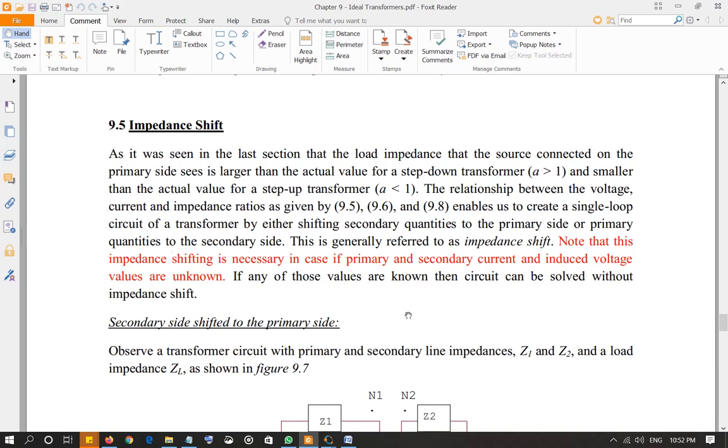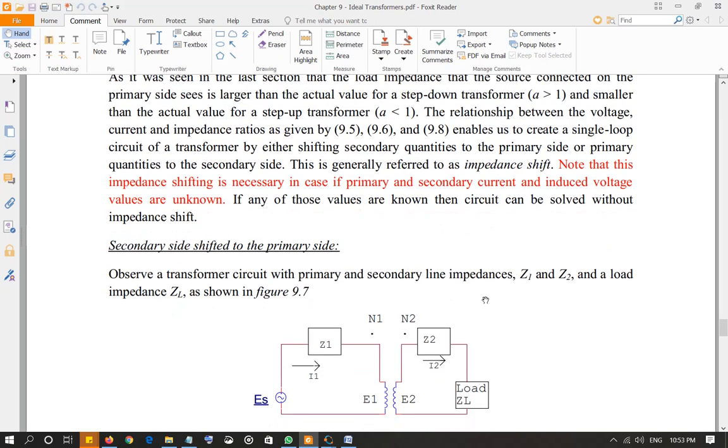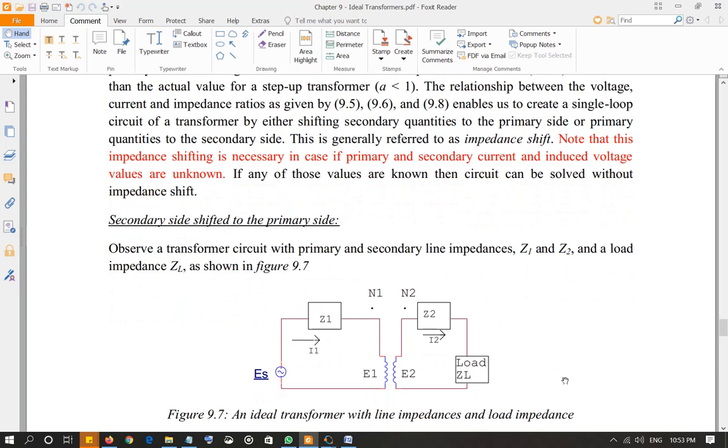If you do not know the primary and secondary current, and the primary and secondary voltage, so you don't know I1, I2 and E1, E2, you don't know any of these quantities, then it is necessary for you to shift either the primary to secondary or secondary to primary, based on what exactly you are calculating.